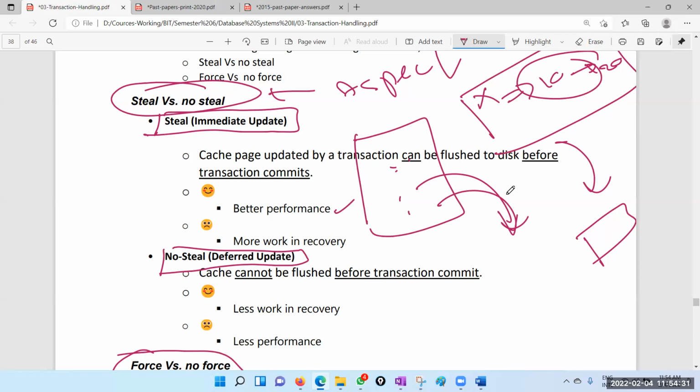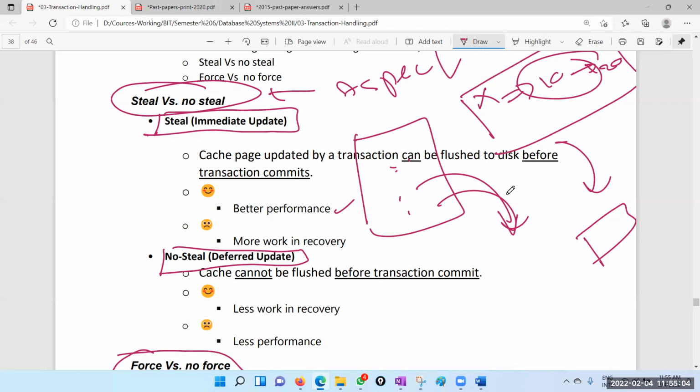That is steal. So steal is good for performance, but it makes recoverability complicated because now things which are not committed are reflected in the hard disk. If the transaction failed because of a disk failure or system failure, that uncommitted transaction's data will be in the disk.